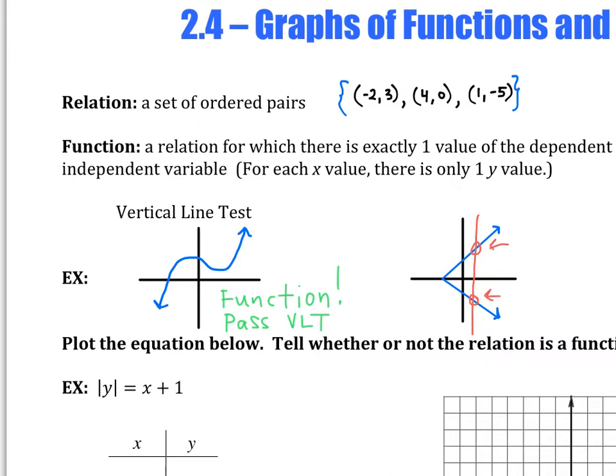That one person has 2 birthdays, and we cannot have this. So this is not a function. This is simply just a relation. Okay? So it does not pass the vertical line test. All right? So it's a relation. It is not a function. Okay?